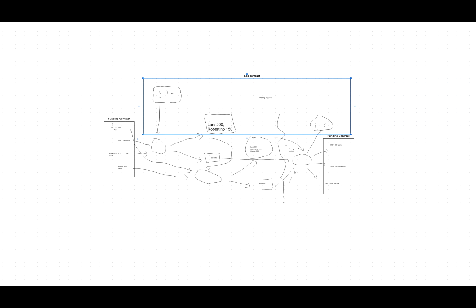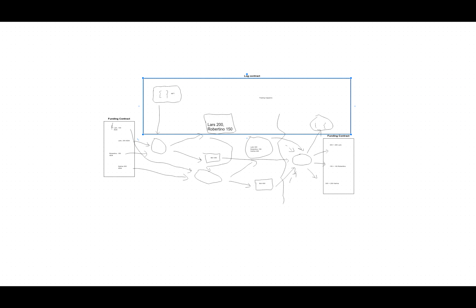They also have the problem that they need to keep track of the percentage, and they do that by minting new tokens, so-called liquidity tokens. If you add liquidity to a pool, you get in return some liquidity tokens, and the contract keeps track of the total amount of liquidity tokens.